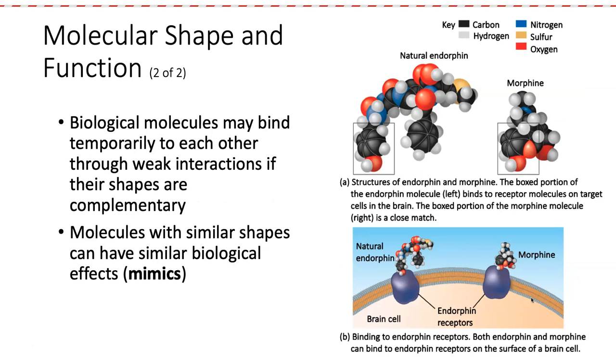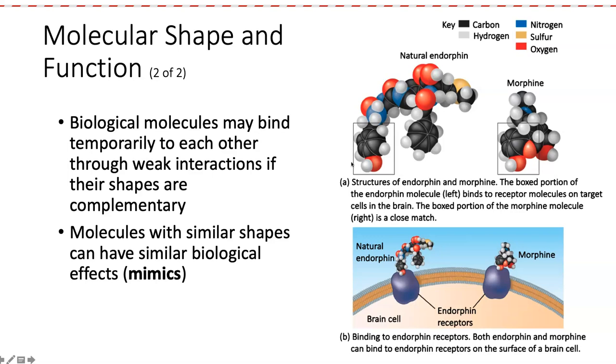We could also look at how the shape causes molecules to temporarily bond to each other, and these are going to be important throughout the semester as we look at various and sundry molecules. Here's an example of how shape can be important. This molecule right here is endorphin. Your body makes endorphin.